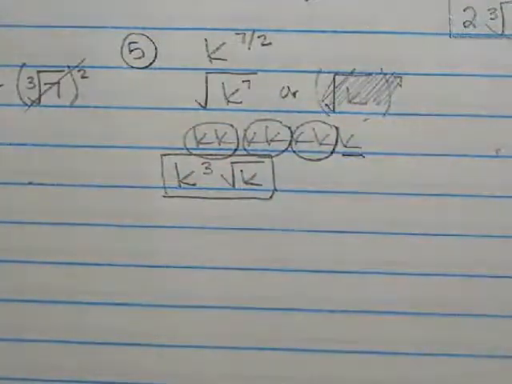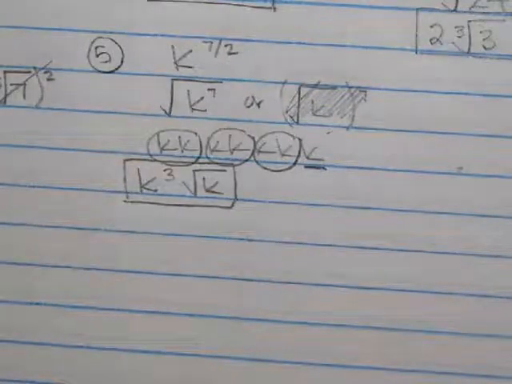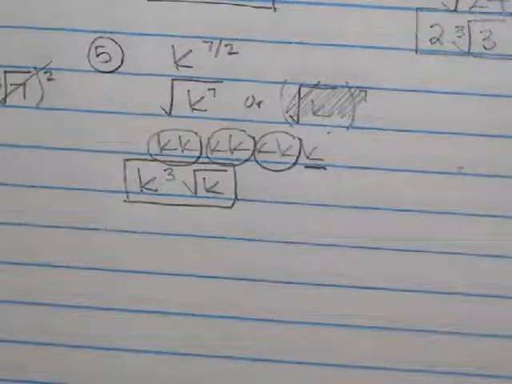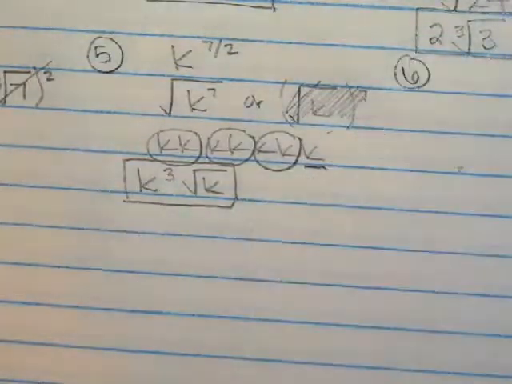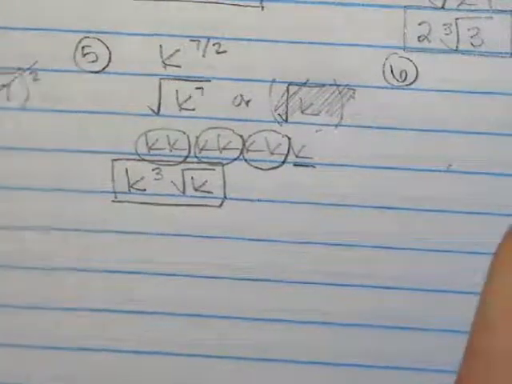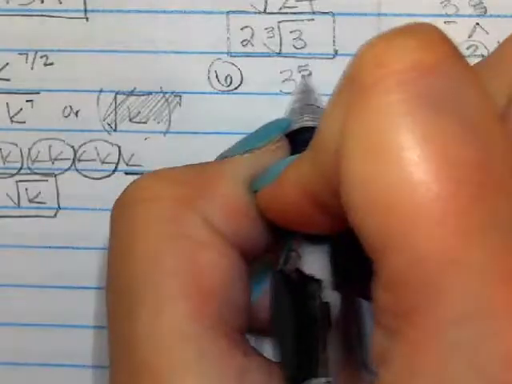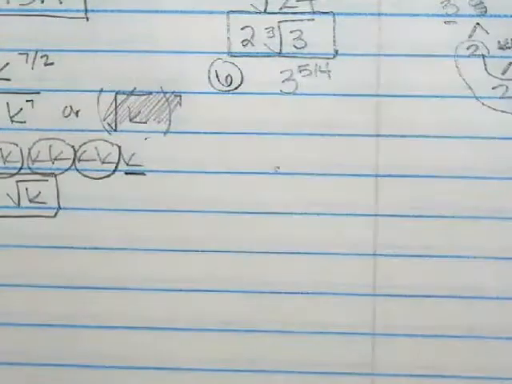All right. How do you guys feel about number 5? Good? Okay. Let's try number 6. Number 6 says 3 to the 5 fourths.